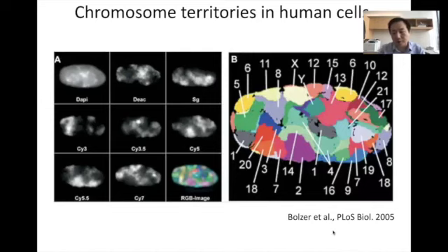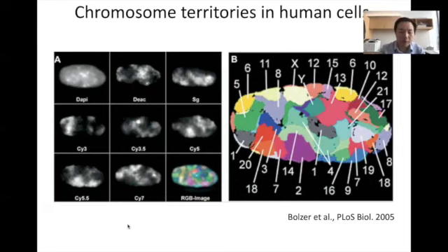In this paper from 2005, scientists began to label each chromosome with a different color of dye. When they combine everything together, you can see these beautiful chromosomal territories inside the human cells. You can see chromosomes 1, 18, 20, and there's one copy of chromosome 18 here, and here's another copy of chromosome 18. So in the human genome, it seems that these two alleles are not located together.